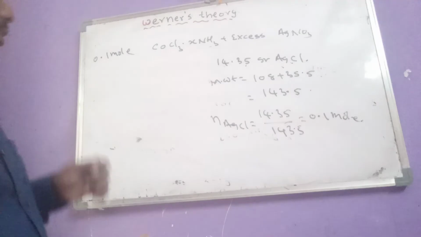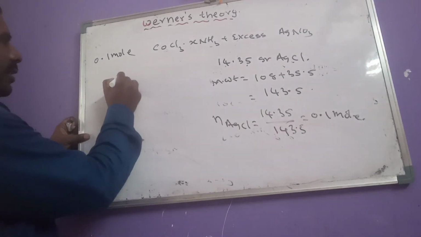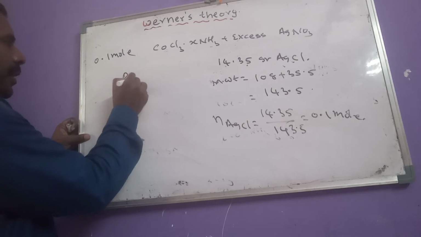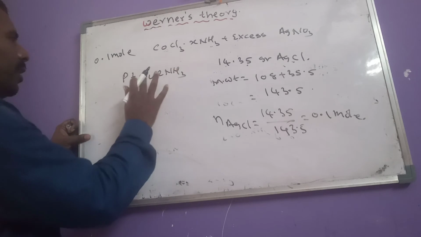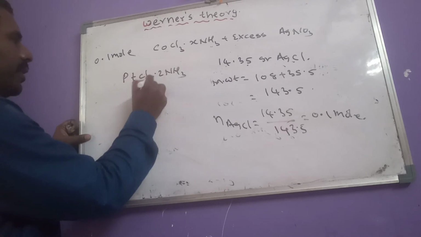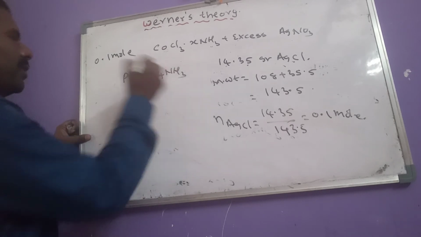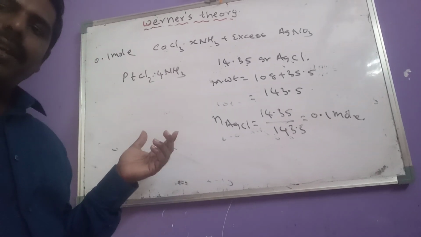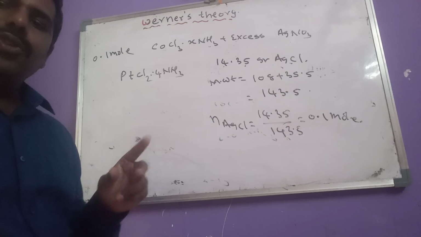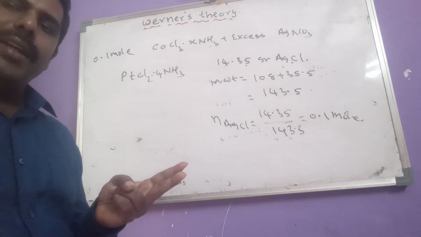And another question we can get here: PtCl4·2NH3, or we can take PtCl2·4NH3, when treated with excess of silver nitrate produced 2 AgCl precipitates.